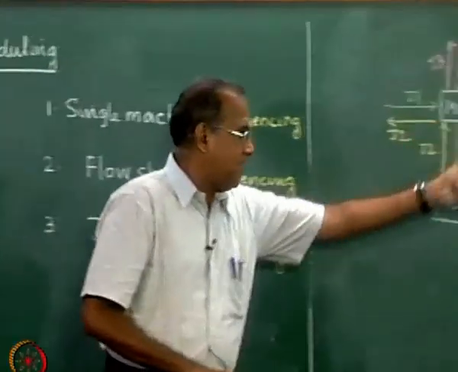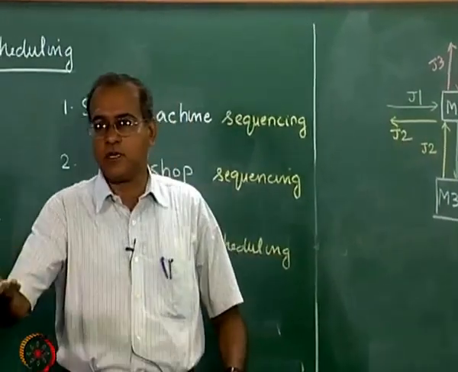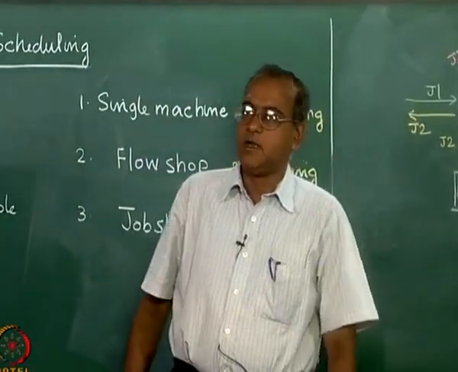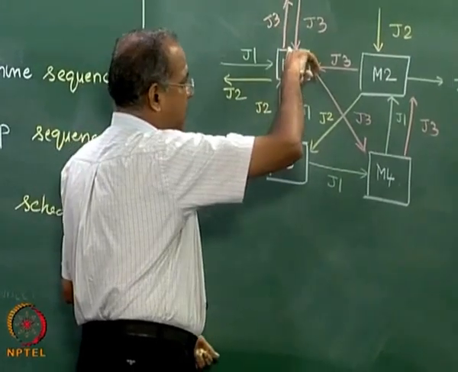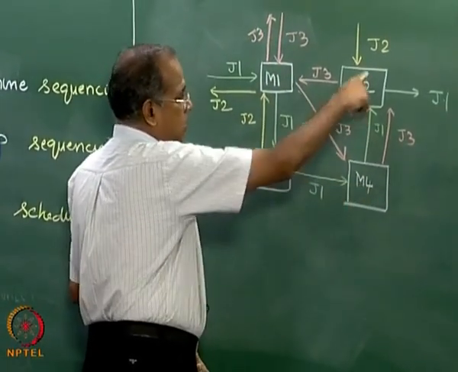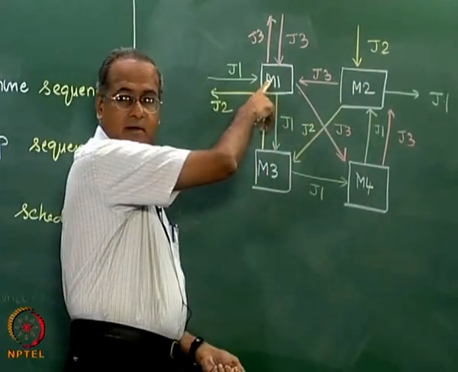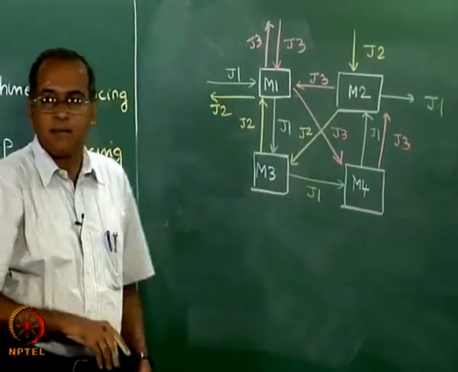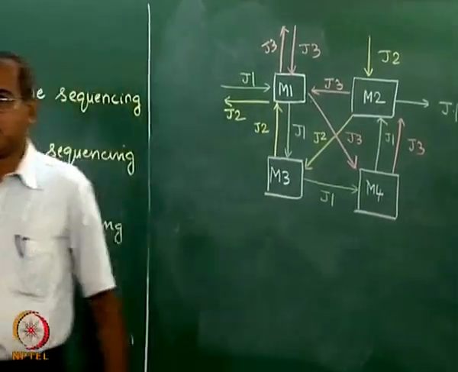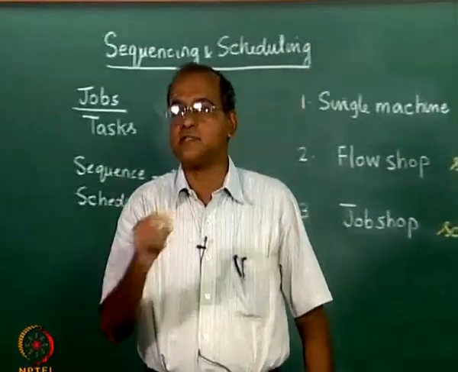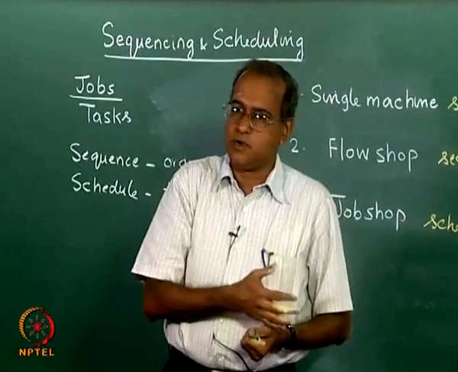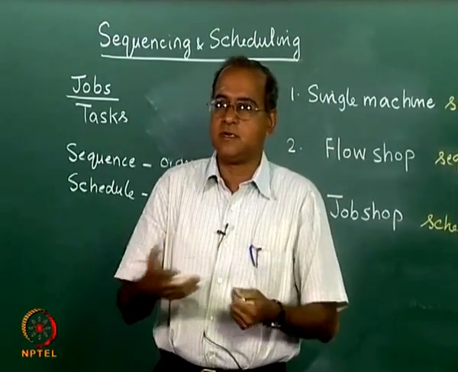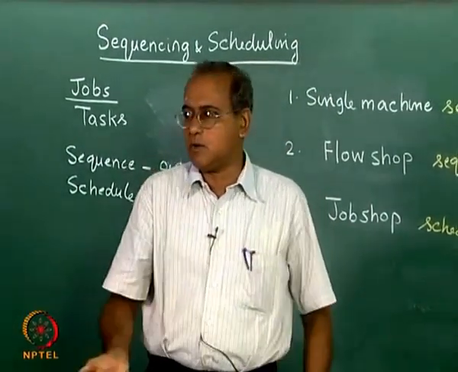The order is very different for each job here. In the flow shop the order has to be the same. If you look at J3 very carefully, it comes into M1, goes to M4, goes to M2, goes to M1 again and goes out. It does not visit M3, but it visits M1 twice. Now such a thing is called a revisit. So in a job shop a revisit is also allowed. In a flow shop revisit is usually not allowed.